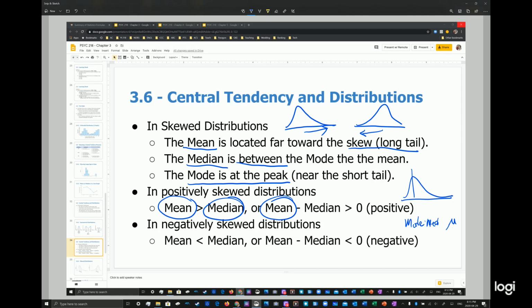If it's a negative skew, then the mean would move to the left, and then you'll have the median in the middle, and then the mode being the highest value in this case, because the mean has moved to the left. So yes, the mean would have the smallest value in a negatively skewed distribution, and then the median would have the next smallest value, and then the mode. I'm going to change this to mode. And then, yeah. So that would be the case.